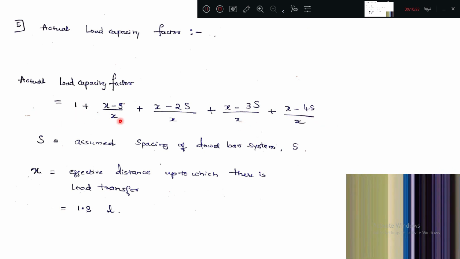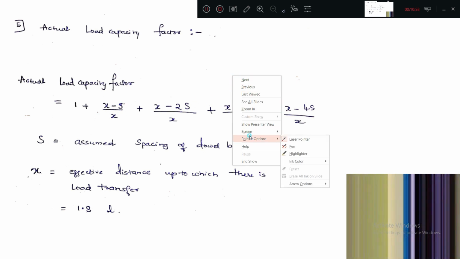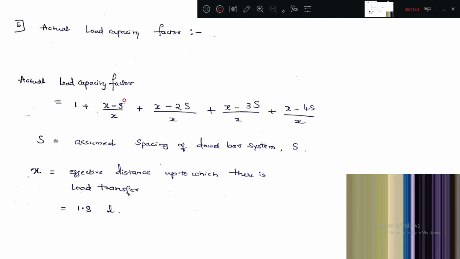So 1 is the first term. What is this s? Here s, 2s, 3s, 4s. That s is the assumed spacing of the dowel bar. In this step you are going to assume it. What is this x? It is there everywhere. x is the effective distance up to which there is load transfer.